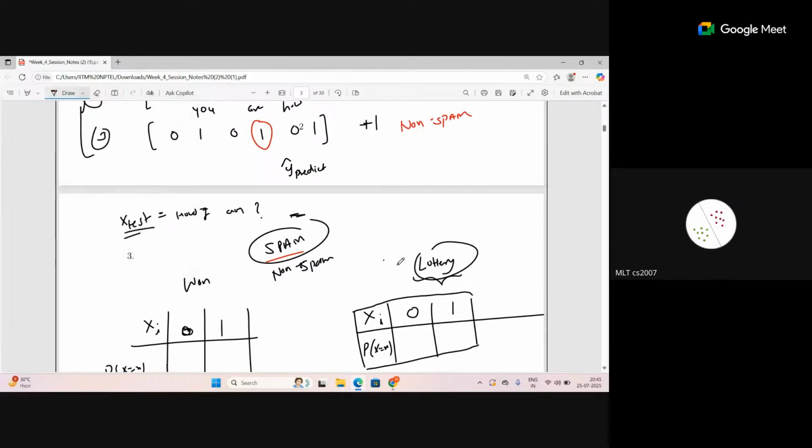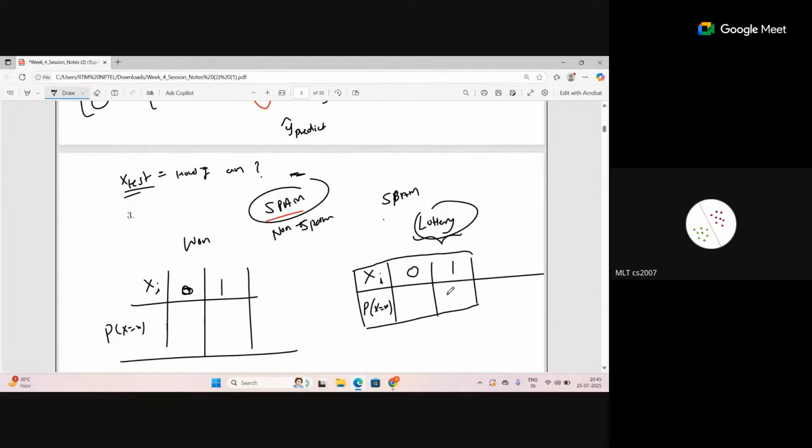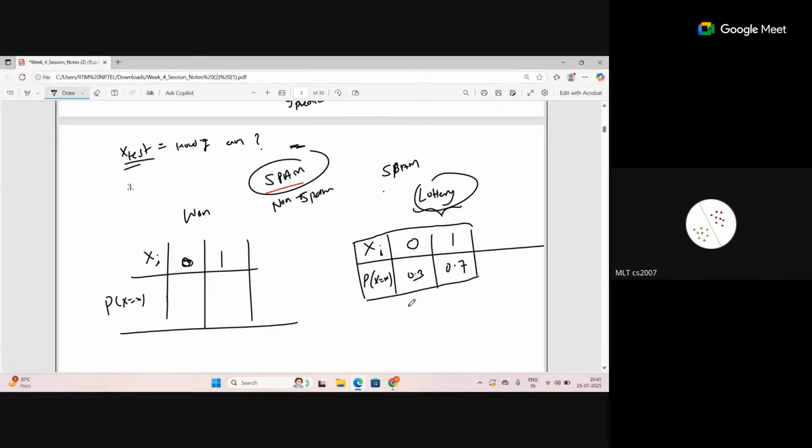So for spam email, let's say the probability of it occurring is 0.7 and of it not occurring is 0.3. It is not like every spam email will contain it, that is also not possible, but it is a higher probability.